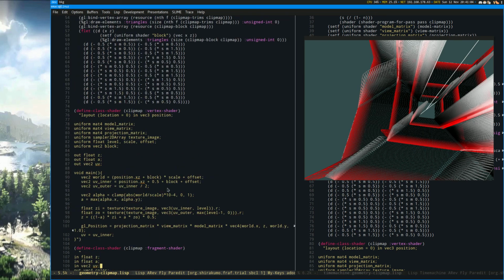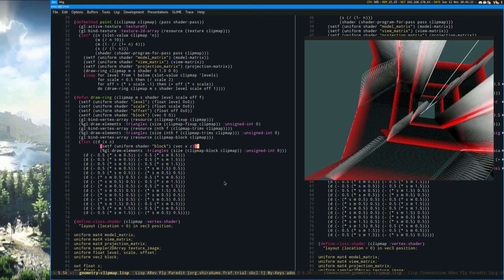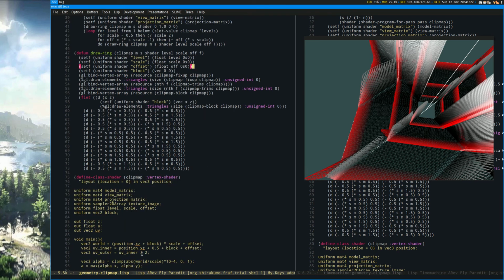Alright, so we simplified the code quite a bit. That's always a good thing, I would say. Wouldn't you agree? Yeah, that makes a lot more sense. So, what we need now is the offset for the outer is gonna be what? So the block is always the same for each level, that doesn't change. The things that change are the scale, the offset, and the level.